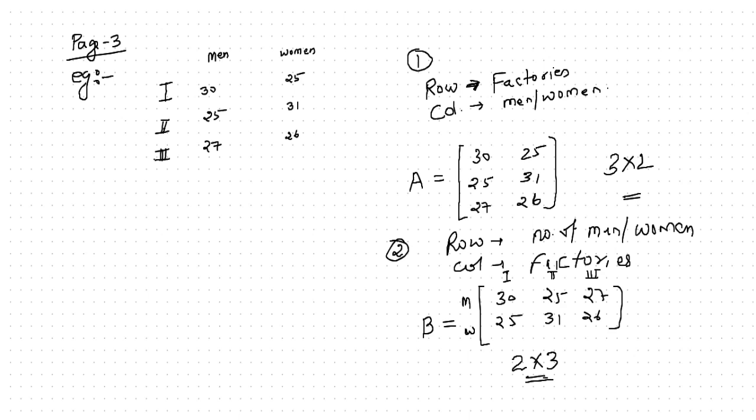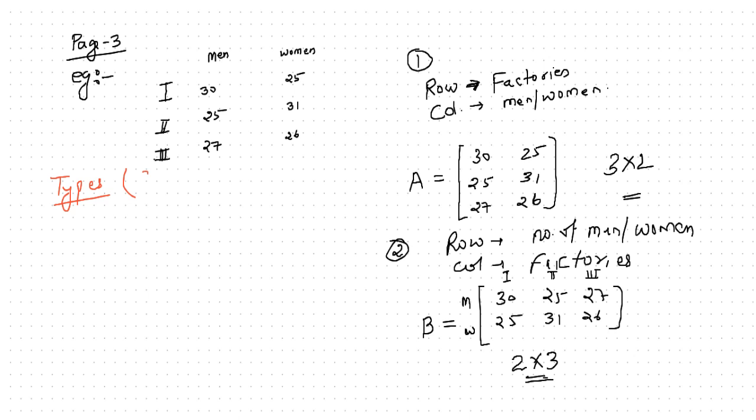Now we will study types of matrices. Till now we have seen the definition, general representation, formulation of a matrix, all these things. Now we are moving to types of matrix. As of now, we will divide the matrix into 7 classes.